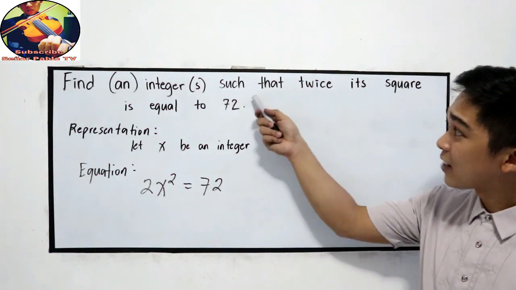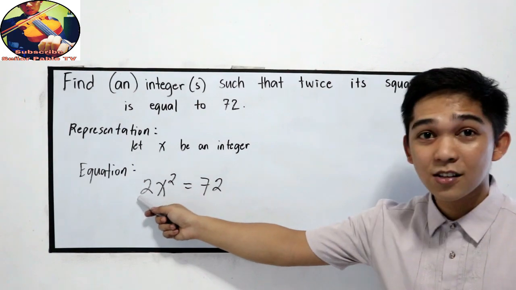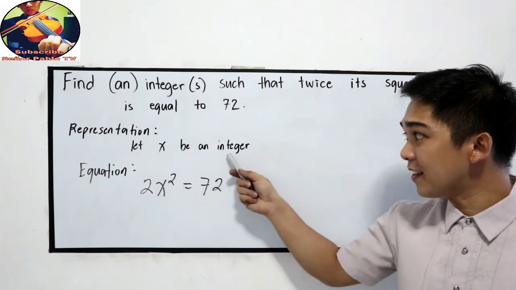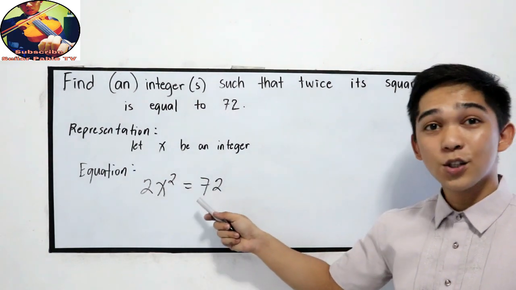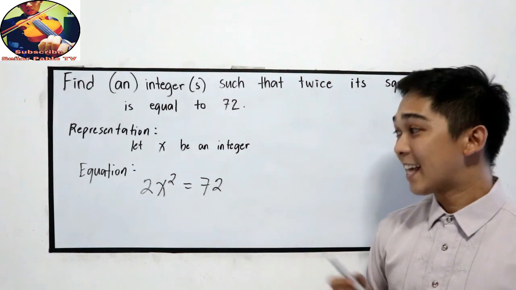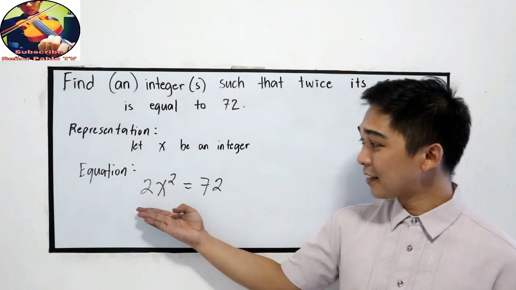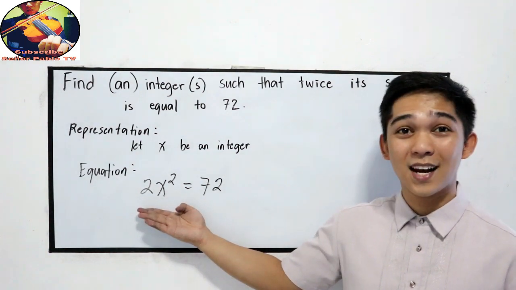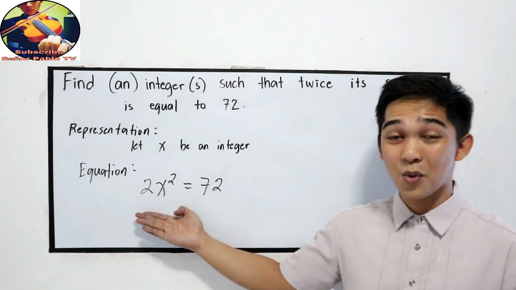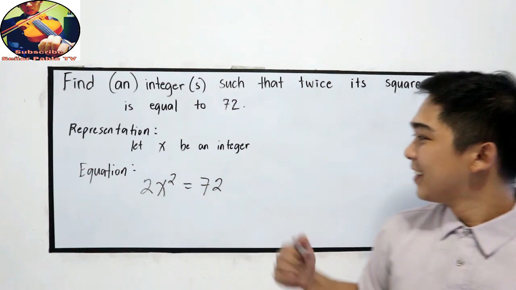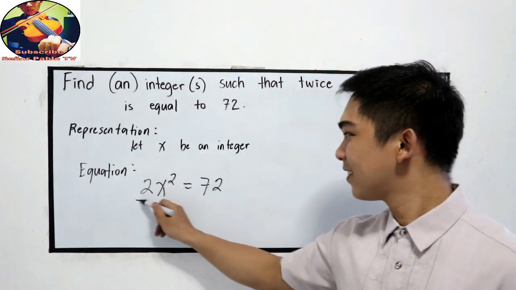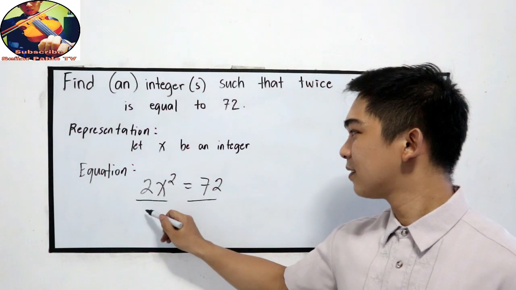Ulitin natin. Such that twice nung square nung ating integer is equal to 72. Then, isolve natin siya. So, ito yung ating working equation. Madali lang siya isolve. Extracting the square root.